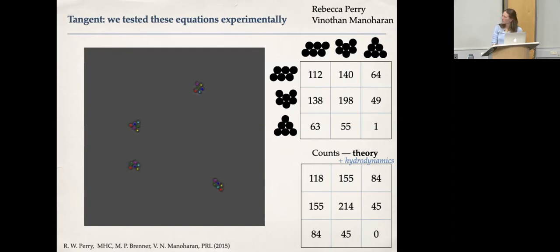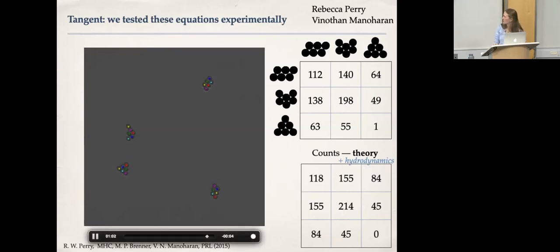Then we used our system of equations to work out what these counts should be theoretically. I'll point out that this is different from a transition state calculation, because we're not just looking at the energy barrier to breaking a bond. We're also accounting for the space particles diffuse around in as they transition. To make a long story short, we have to incorporate hydrodynamics to get the numbers right.